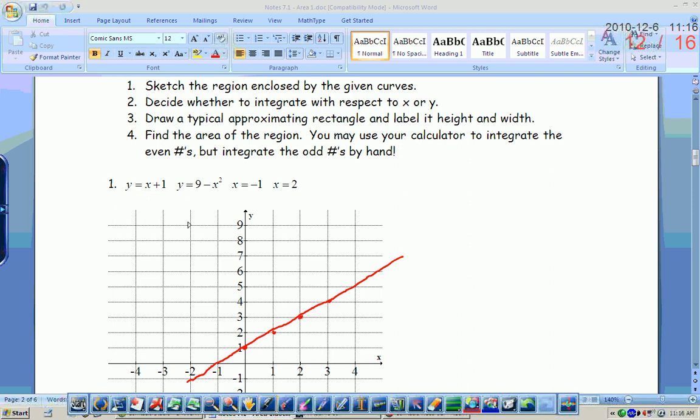Okay. Y equals 9 minus x squared. What's the parent function? It's a parabola. What are the transformations? Up 9, and it's opening downward, right?